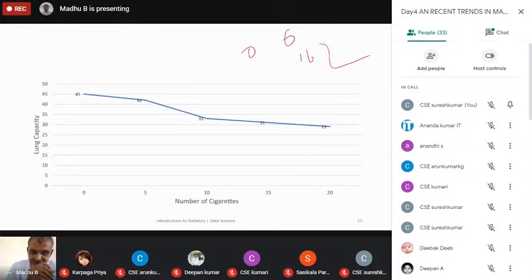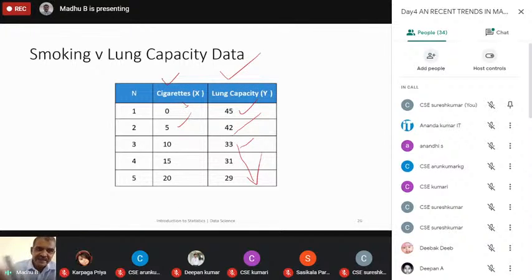Once I do that, I can rank it and call it ordinal data: no smoker, occasional smoker, 5 to 10 cigarettes. So it becomes ordinal data. Now I want to convert this into categorical data. Look at this data and try to tell me how you will convert this into categorical data. These are the research questions that you need to handle.